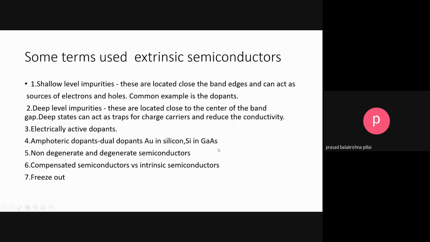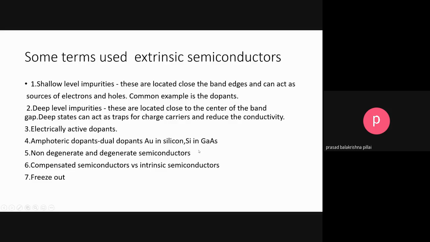If arsenic is replaced by silicon, then it becomes P-type. So this is a kind of amphoteric dopant. This is another classic example, depending upon the various activation energies. So gold in silicon can act as an amphoteric dopant, and silicon in gallium arsenide.